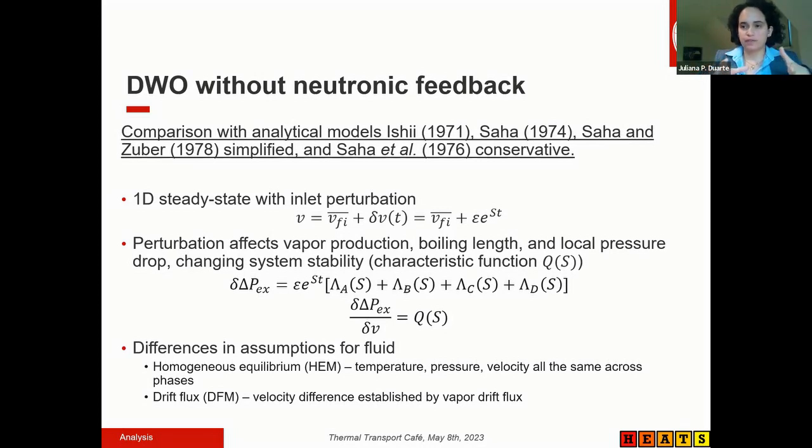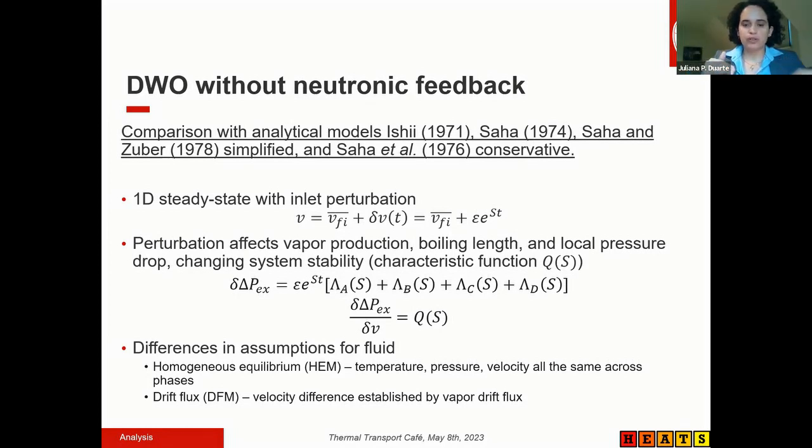The boundary conditions are very simplified. There is a constant pressure drop at the exit of our channel. The inlet temperature is constant, and for the inlet velocity, instead of having an average inlet velocity, we add a perturbation. This perturbation will affect the vapor production, the boiling length, and the local pressure drop, and it's going to change the stability of the channel.